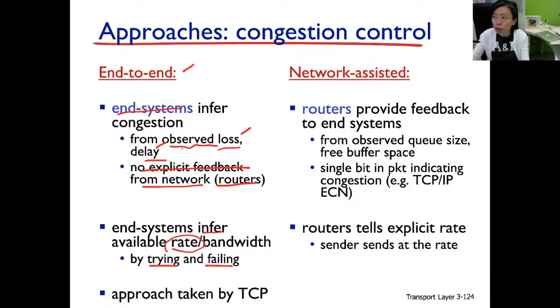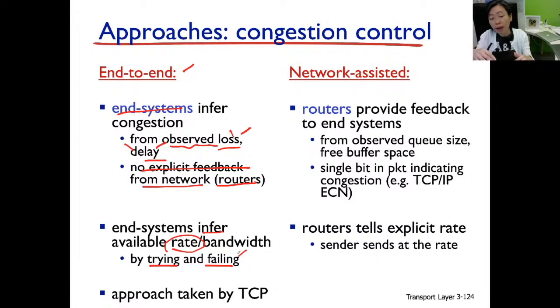Now, if we exceed a certain point, and as a result we begin to see loss, and we begin to see the delay increasing drastically, that is not good. That indicates that we are probably exceeding the available bandwidth threshold, and therefore we are sending data too fast into the network.